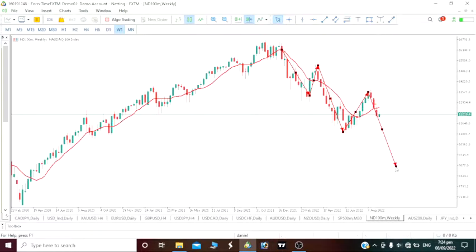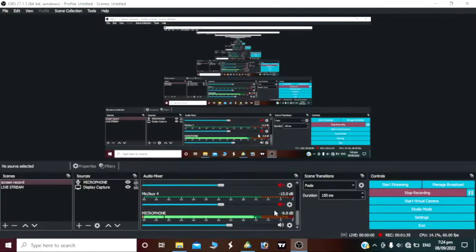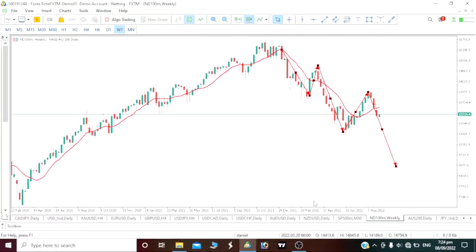a huge amount of drop, due to the fact that the central bank released a statement that they won't be stopping the increase of interest rate, which means once interest rate increases, stocks tend to fall, and we all know the stocks that are in this Nasdaq 100.